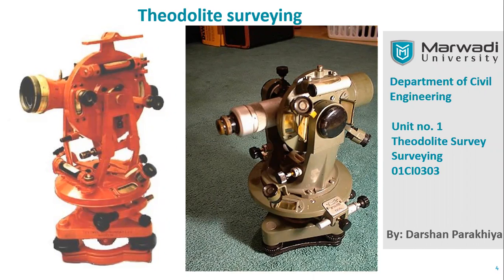Mainly, for surveying or field work, there are three major equipments: one is the dumpy level, the second is the theodolite, and the third one, used nowadays, is the total station. So today we will see the parts and operations of the various instruments.